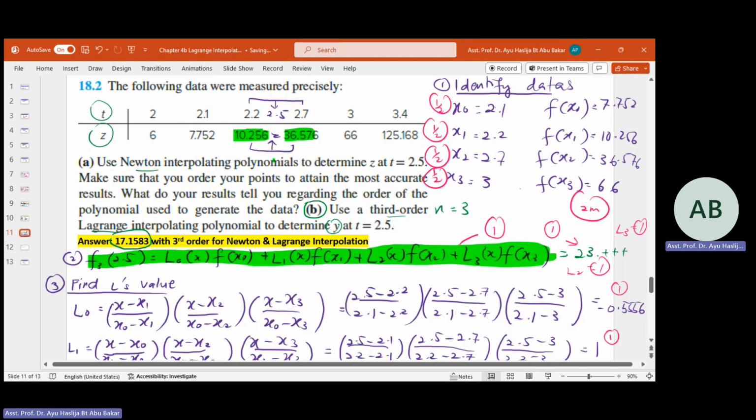Okay, if let's say you don't have enough time to do, just list out your data, write out your equation, still get marks.